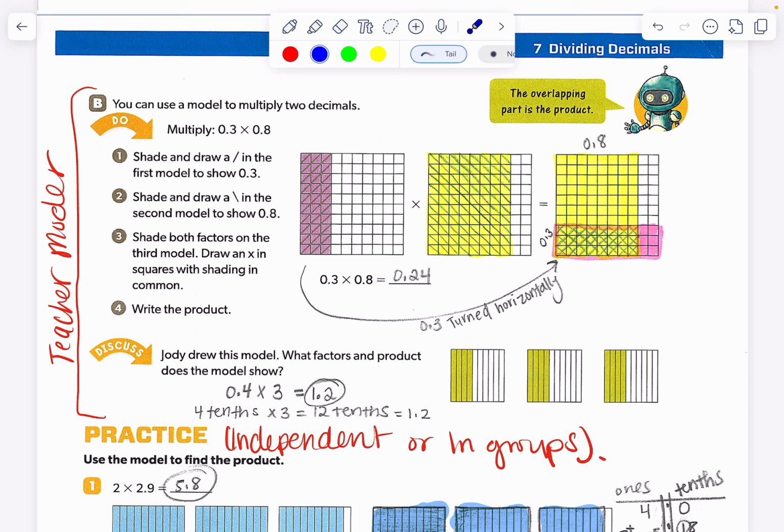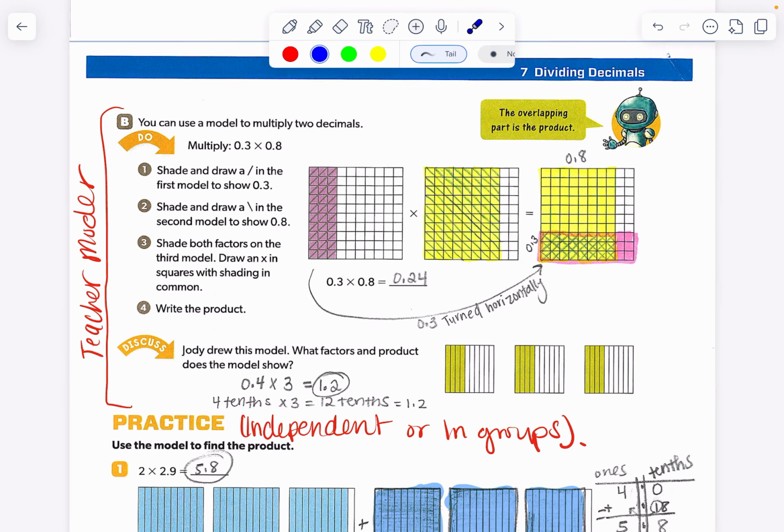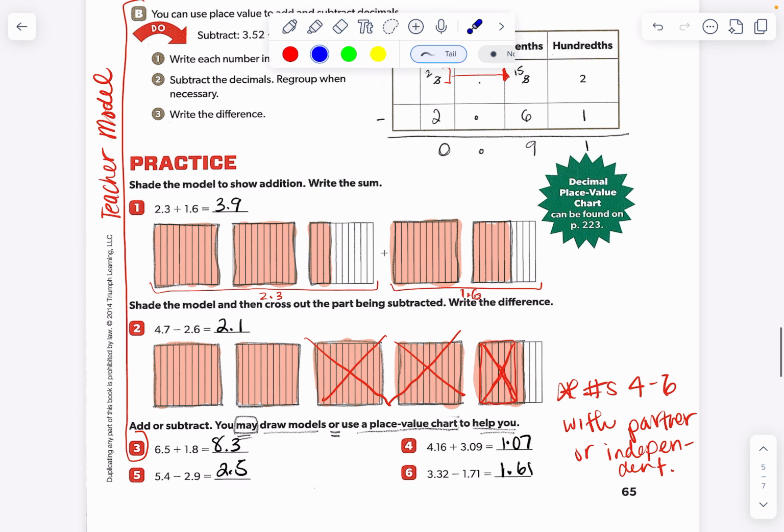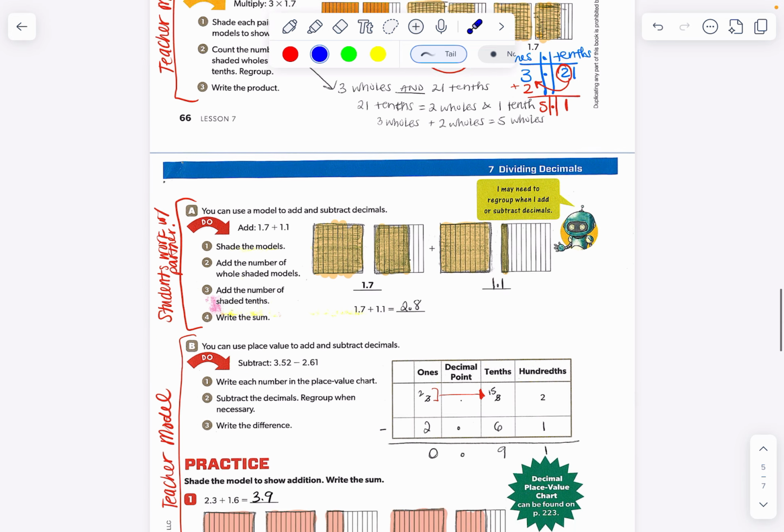What we can identify is when these two area models overlap like this, 24 parts out of 100 total parts are overlapping. So our answer, because we're working with decimals, is 24 hundredths. Those are the two models that you are going to do for multiplication.